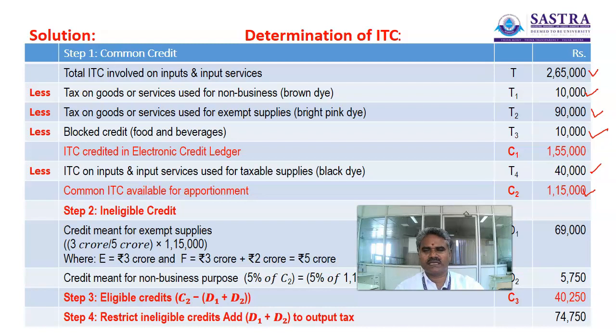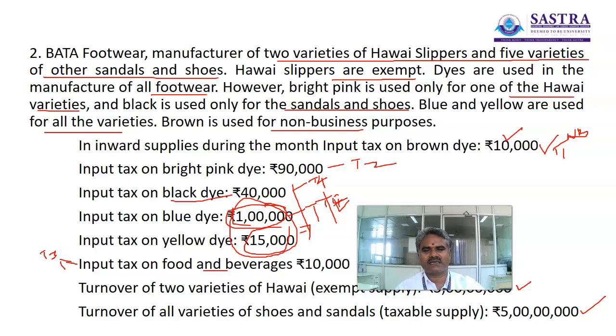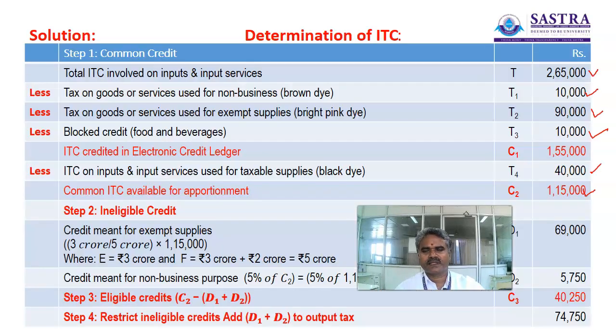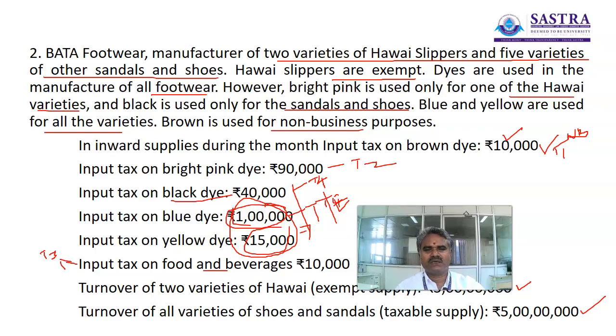Now you have to apportion. Ineligible credit means 3 by 115, and credit meant for exempt supplies, because it includes this 1,15,000 also. Because here they use brown, sorry, blue and yellow, used for all the varieties.